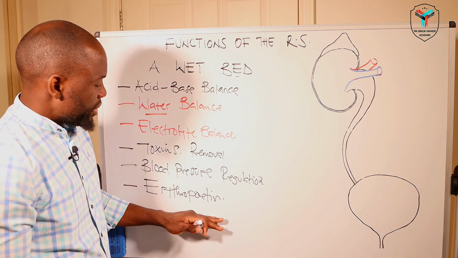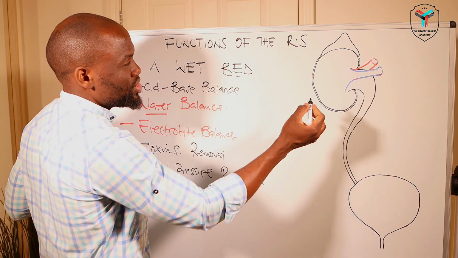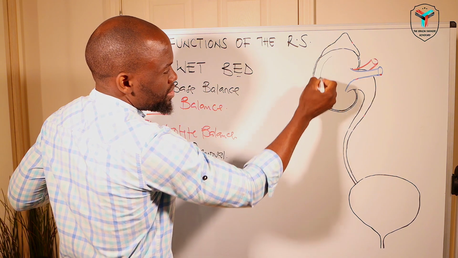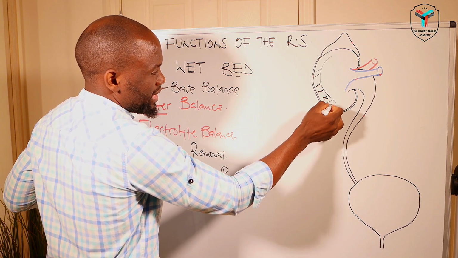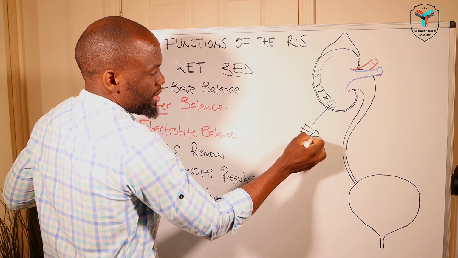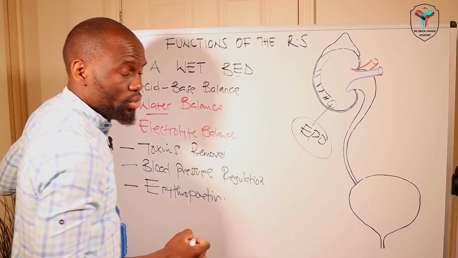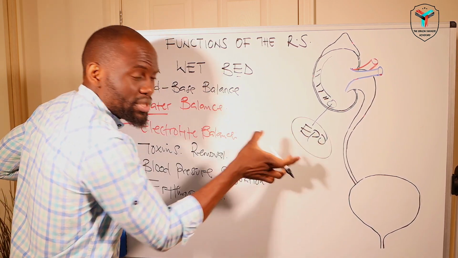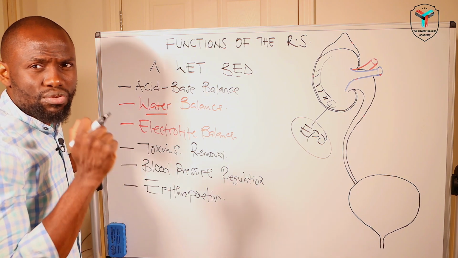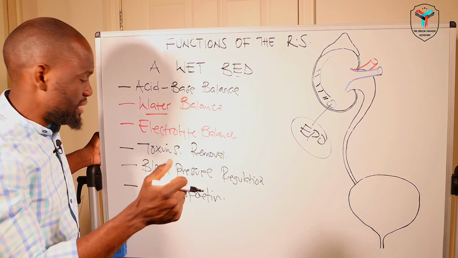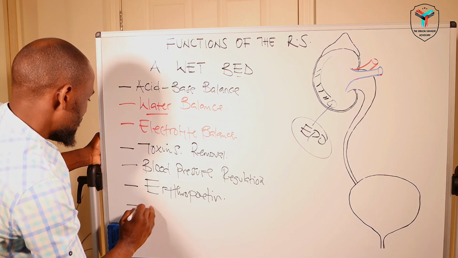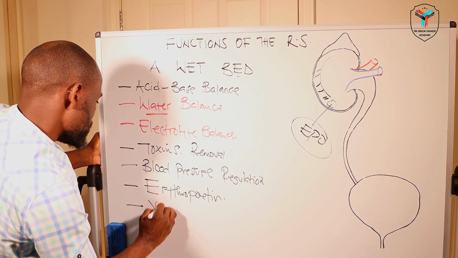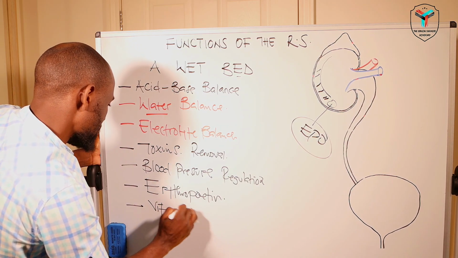This erythropoietin is produced by interstitial peritubular cells within the renal cortex. You're going to find special cells here that give you the erythropoietin, or EPO. This is an important element in the production of red blood cells through erythropoiesis. And lastly but not the least, you have vitamin D metabolism.